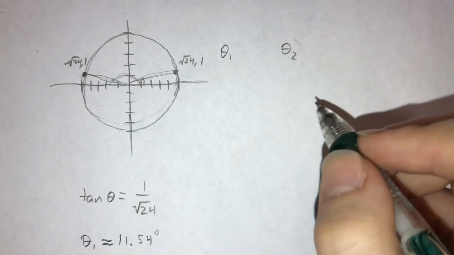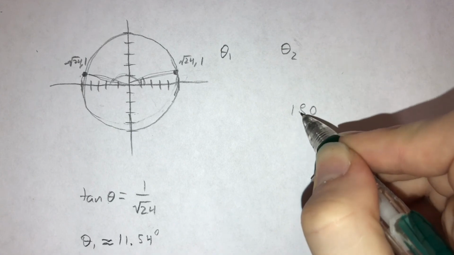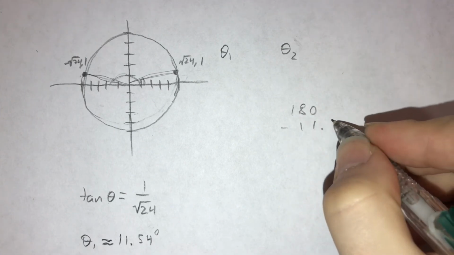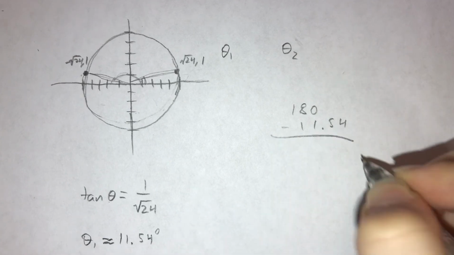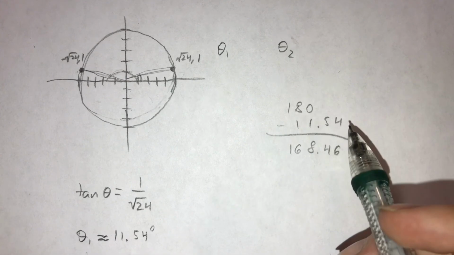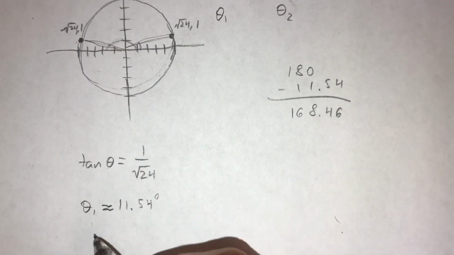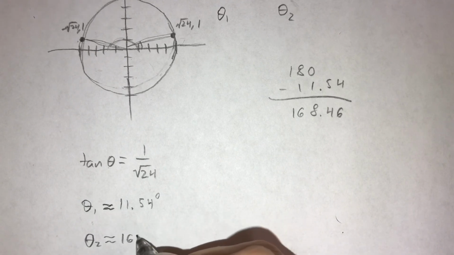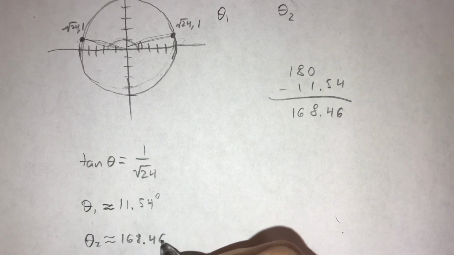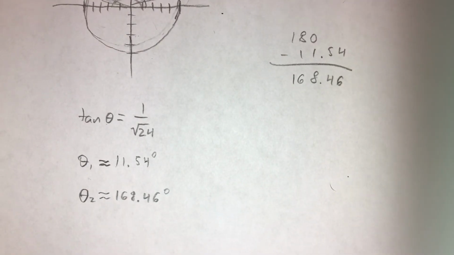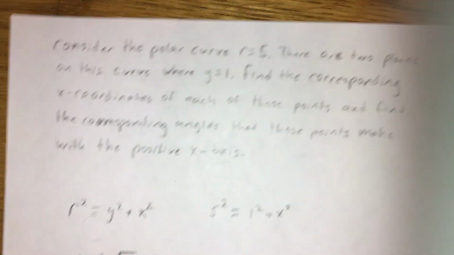So really all we need to do is write 180 and subtract 11.54. So we come out with 168.46, and that's our theta 2. So theta 2 is approximately equal to 168.46, and I'll add the degree sign on there. And that is how you solve this problem.